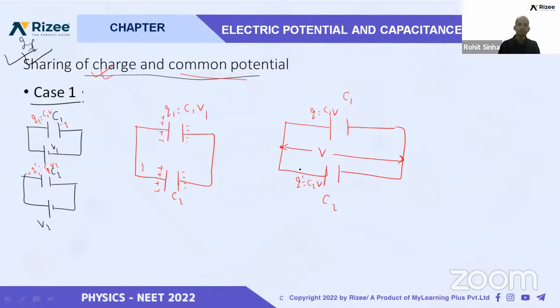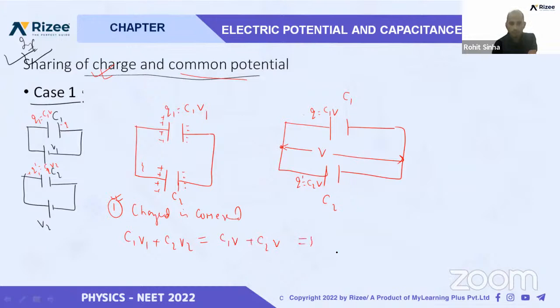Any problem till now? After any operation, one thing remains constant: charge is conserved. We have learned this property. So the initial charge is C1V1 plus C2V2, and the final charge will be C1V plus C2V.